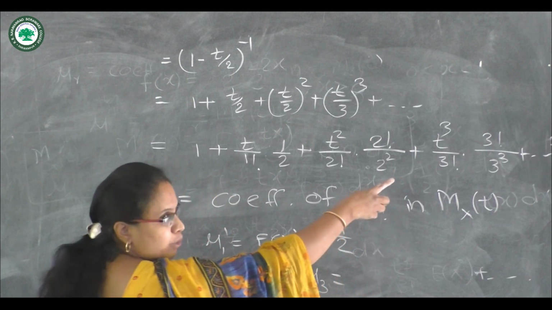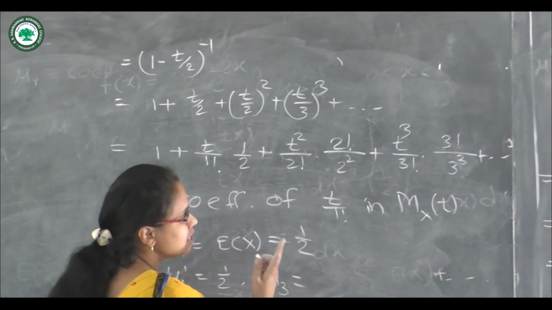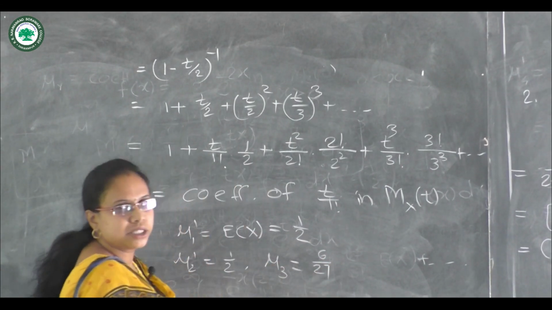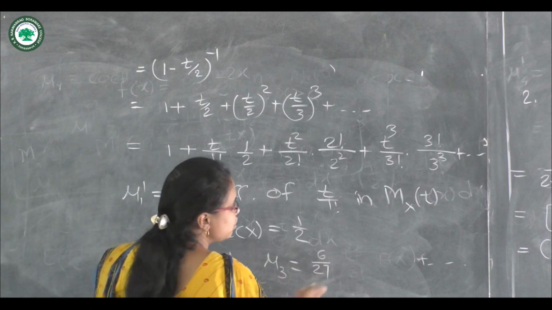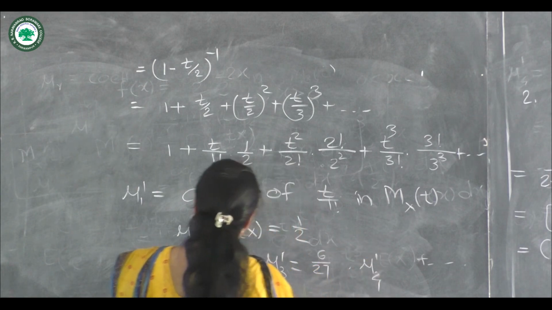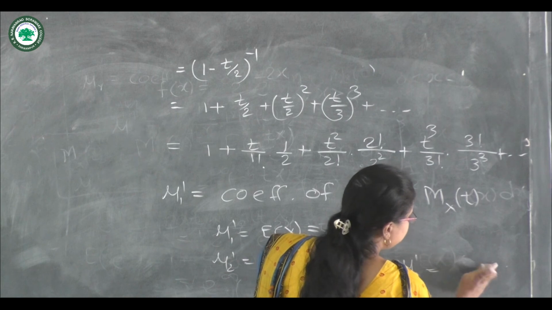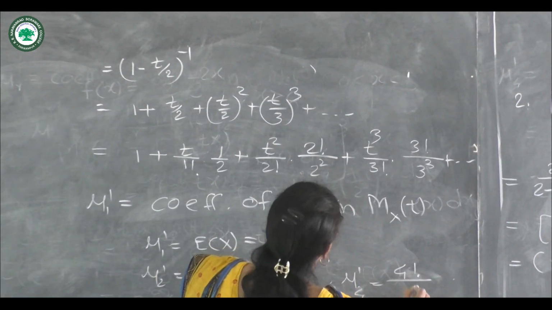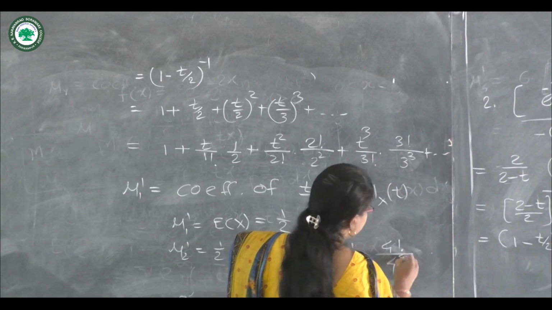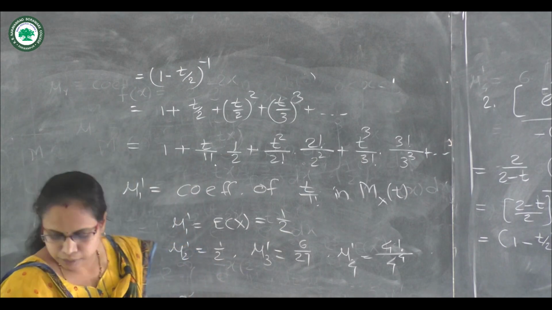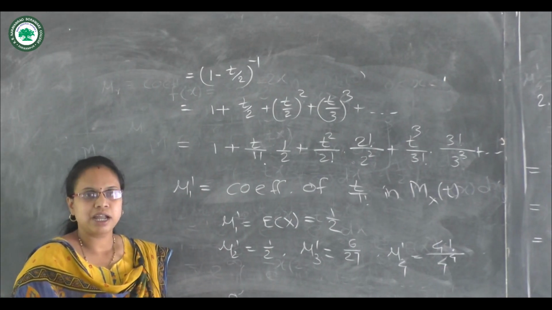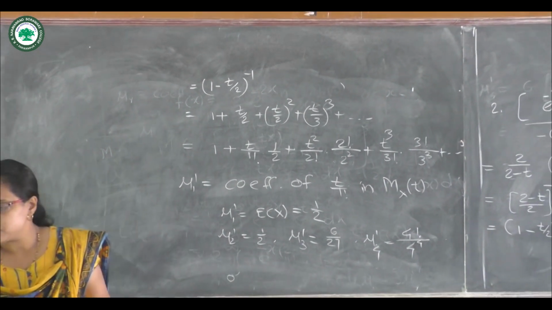Mu 3 dash is its coefficient, so 3 factorial is 6, 6 upon 8, and we can find mu 4 dash as 4 factorial upon 2 raised to 4. In this way we can find the moments, and if we get these moments we can find the central moments, and finally the Pearsonian's coefficients.